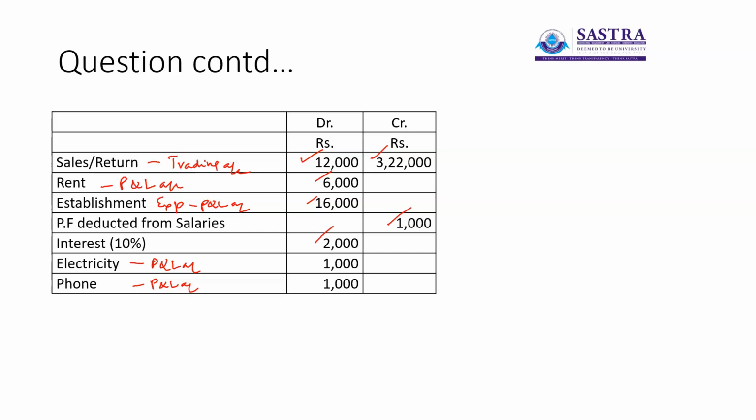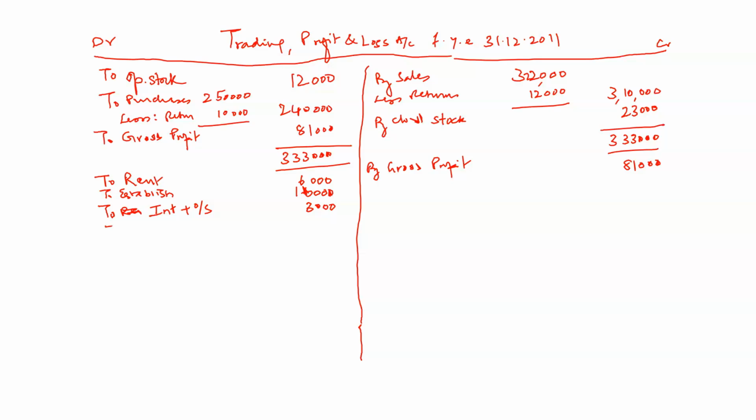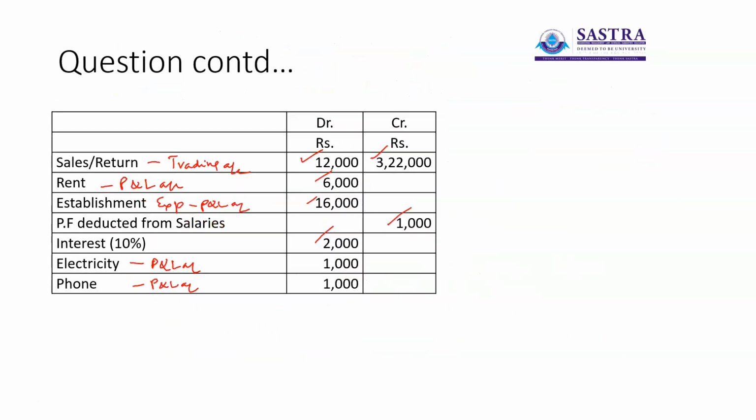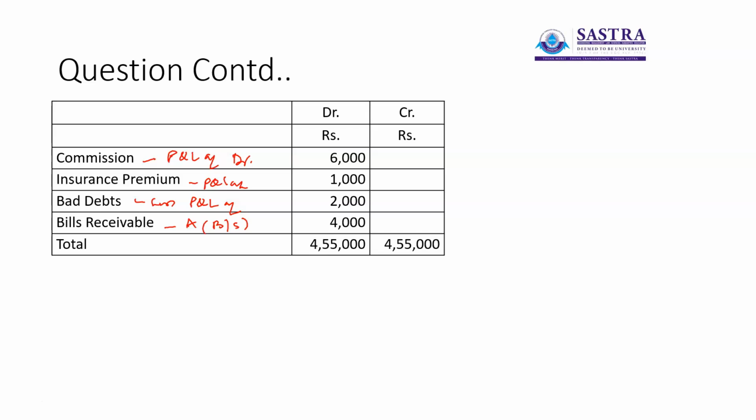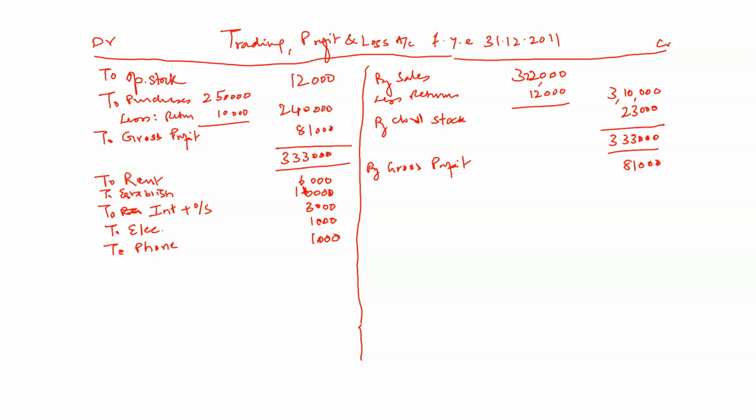Next item is electricity and phone, each 1,000. So to electricity charges 1,000. Phone expenses 1,000. Then commission, insurance premium. Commission given in debit side, so to be written on the debit side of the P&L account.